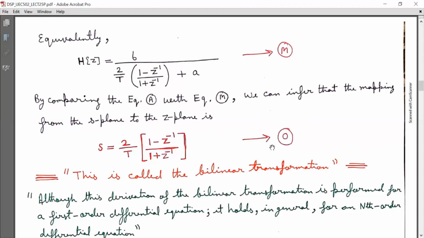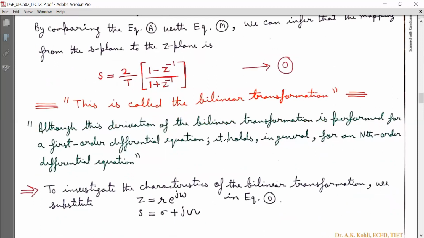After this comparison, we can clearly show that the mapping from the S plane to the Z plane is possible provided that s is equal to 2 by T bracket (1 minus z inverse) divided by (1 plus z inverse). This is called the bilinear transformation.